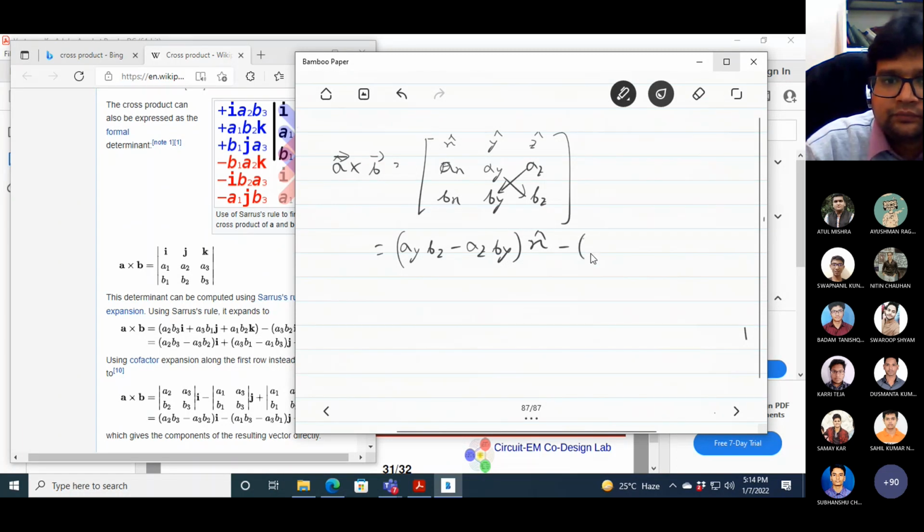So minus, ax bz minus az bx, into y. Plus the last one, ax by minus ay bx, in the z direction.